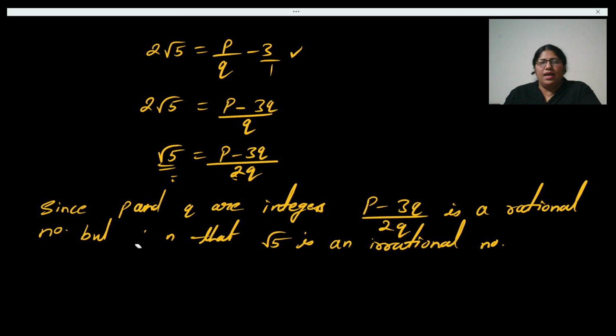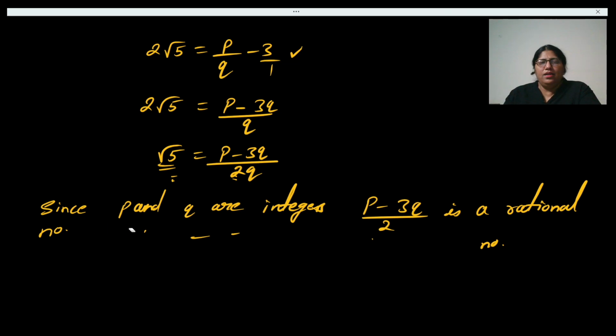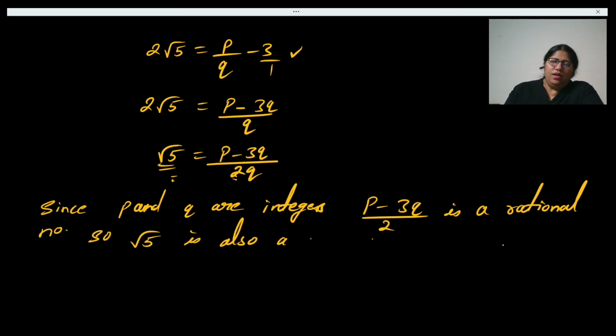Then you say that root 5 is a rational number, because the right-hand side, p minus 3q by 2q, is a rational number. So root 5 is also a rational number because it's equal to it.